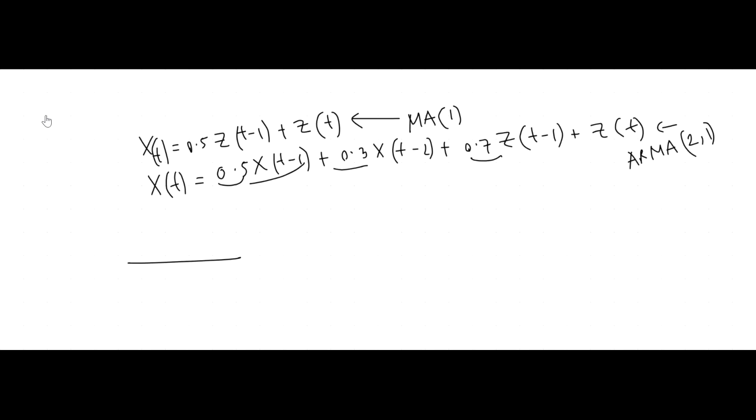In such kind of data, you'll see that your autocorrelation function would grow very slowly.